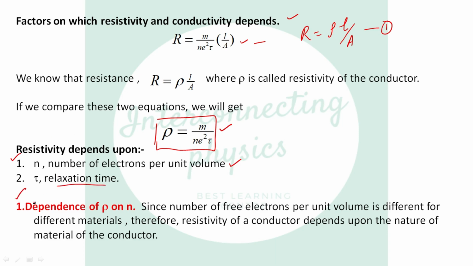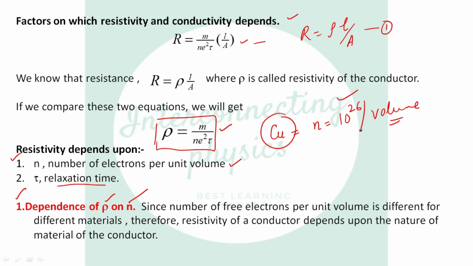First of all, we will discuss the dependence of resistivity on the number of electrons per unit volume. Since the number of electrons for every conductor is different, the number of electrons per unit volume is different for different materials. I told you in the last video that for copper, the number of electrons is 10 raised to power 26 per unit volume.